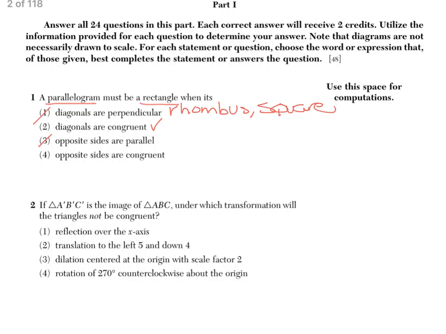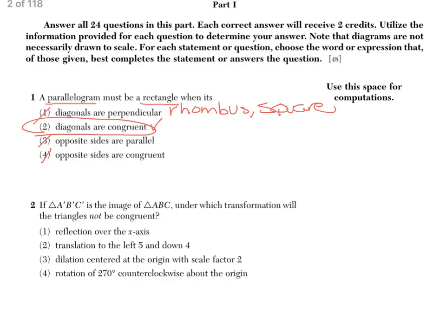And as far as choice 4, opposite sides are congruent, is the same situation as choice 3. All the figures in the parallelogram family have this criteria, so it does not isolate the rectangle as the only figure that has this. So the uniqueness that a rectangle has, that is the obvious answer, is choice 2.